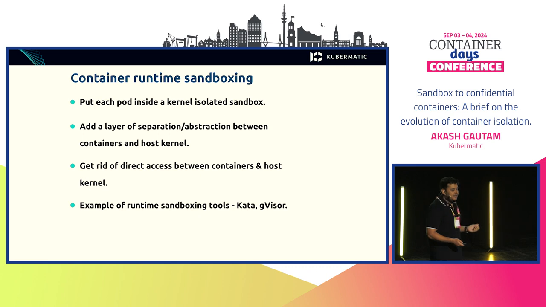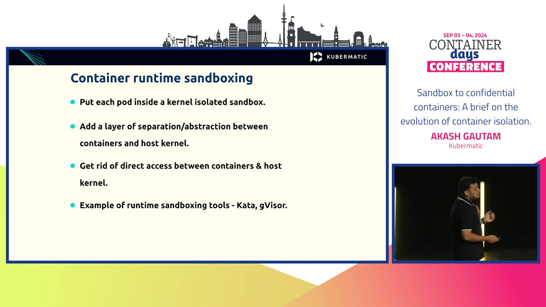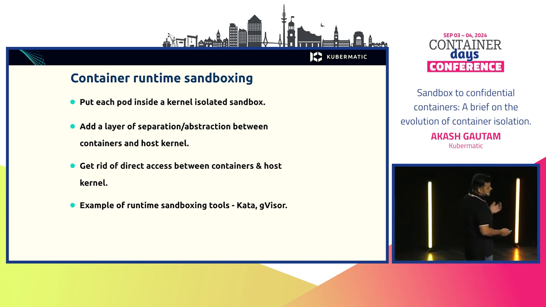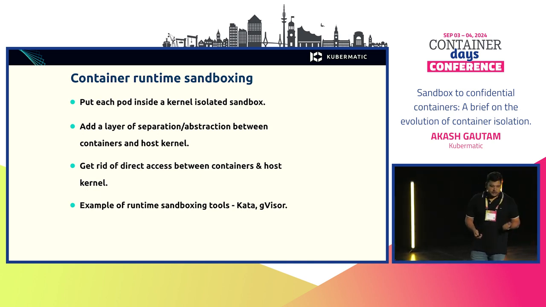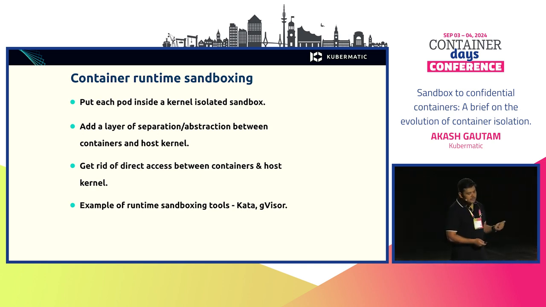They add an additional layer of separation between the containers and the host kernel, and they also get rid of the direct access between the container and the host kernel. A couple of popular tools in this space are Kata Containers and another product by Google, which is gVisor.